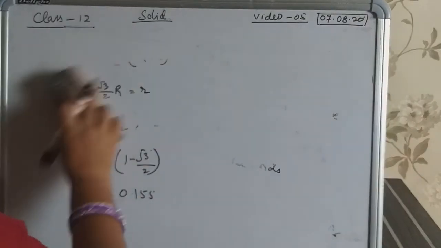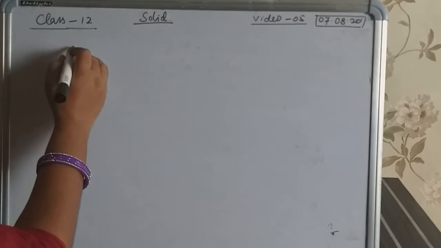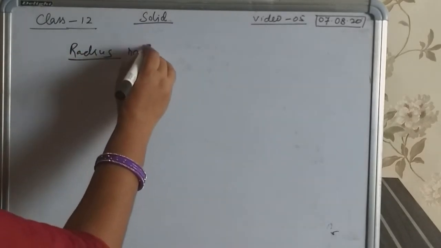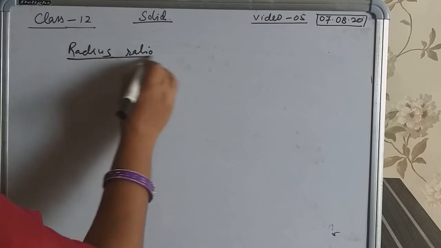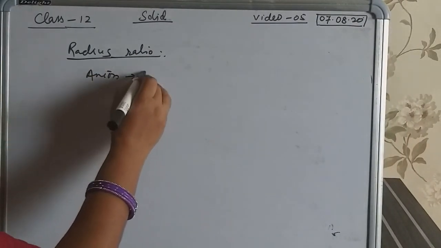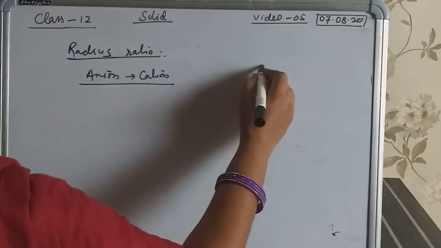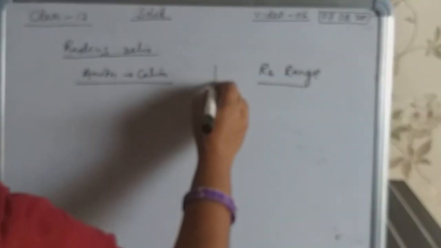Let's summarize by making a chart of voids of different radius ratios, so it is easy to remember the radius ratio. Anion to cation, and here is the radius ratio range.